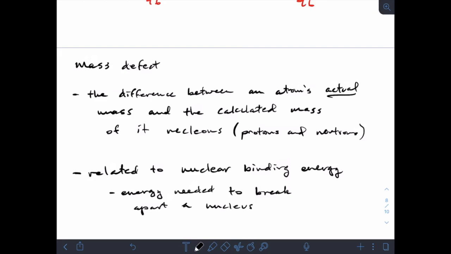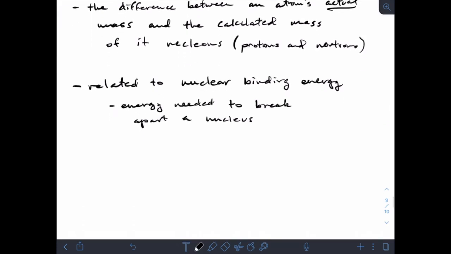And this leads right into topics like fission and fusion and nuclear weapons, and all that sort of stuff comes from these concepts of nuclear binding energy. It's the energy it takes to break apart a nucleus and start a nuclear reaction.